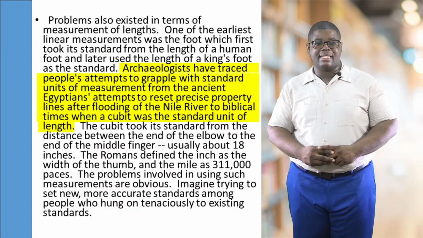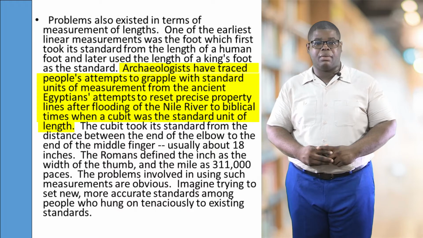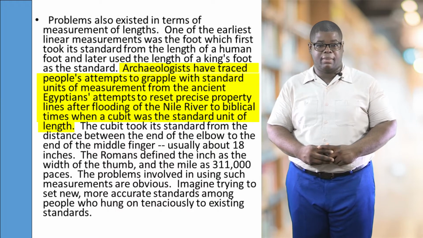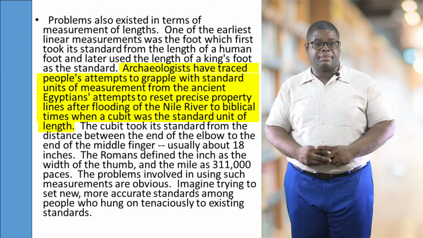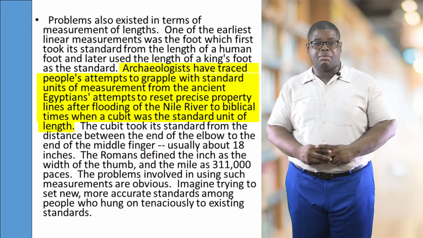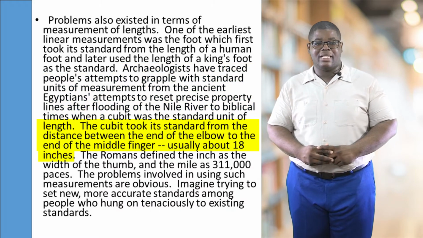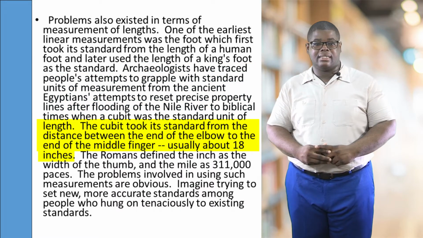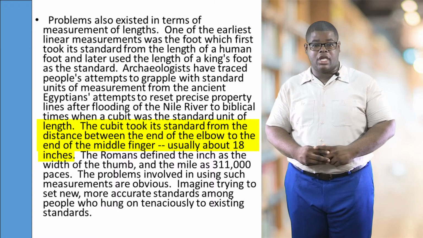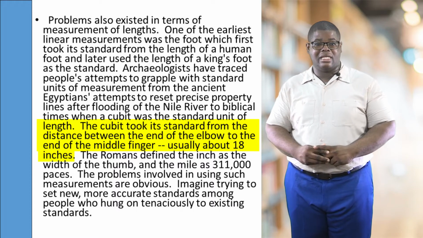Archaeologists have traced people's attempt to grapple with standard units of measurement from the ancient Egyptians' attempts to reset precise property lines after flooding of the Nile River to biblical times. When a cubit was the standard unit of length, the cubit took its standard from the distance between the end of the elbow to the end of the middle finger, usually about 18 inches.